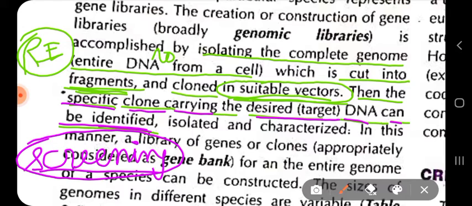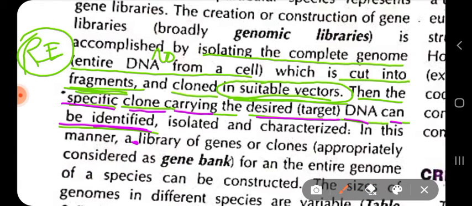So by proper screening, we are able to identify our target DNA carried by the vector. Then it is further isolated and characterized for its sequence, or, if our main target is expression of that gene, for production of its protein.